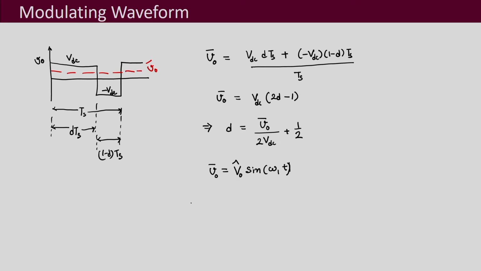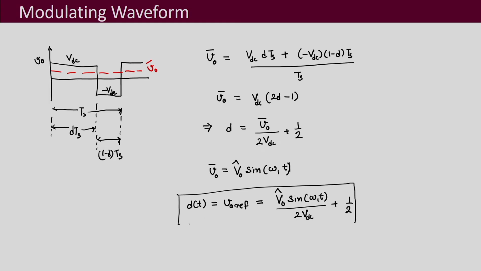In that case, the duty ratio, that modulating waveform, which we can call VO ref, is equal to VO hat sine of omega 1 t by 2 VDC plus half. So this is the equation for the modulating waveform, which you can use to compare with the triangular carrier and generate the gate pulses for the bipolar PWM.